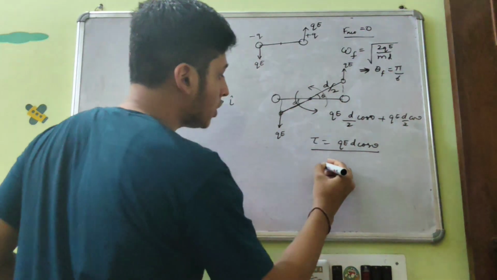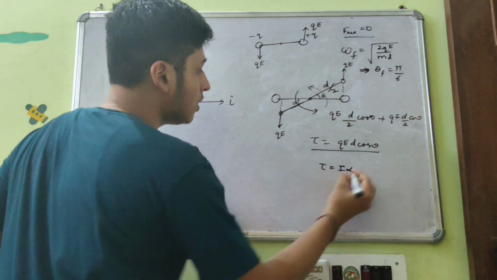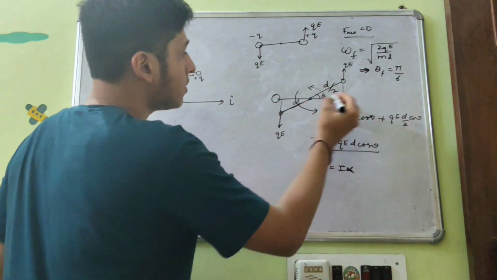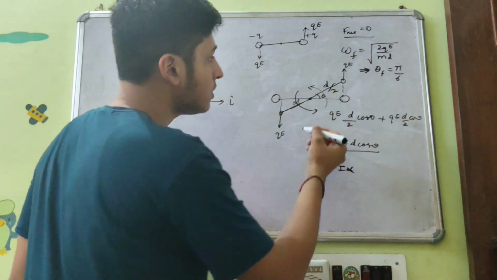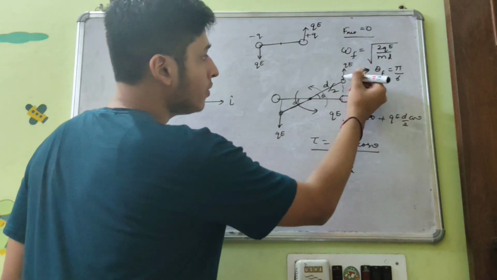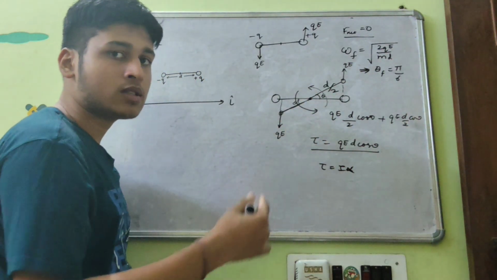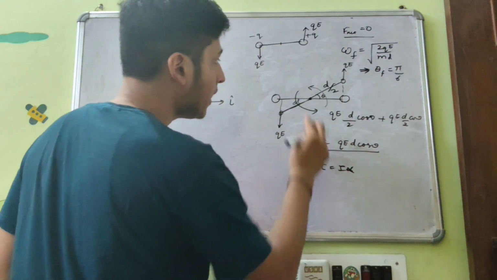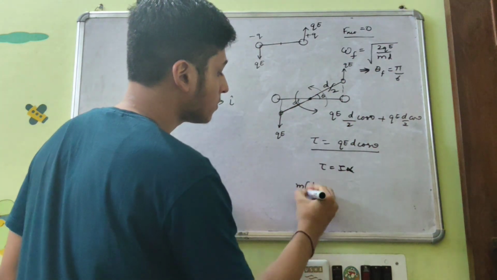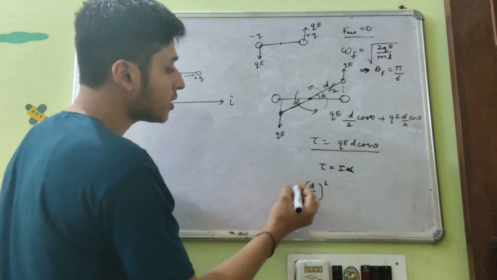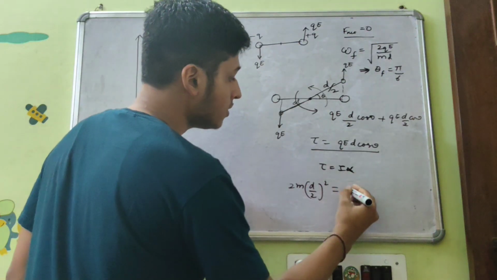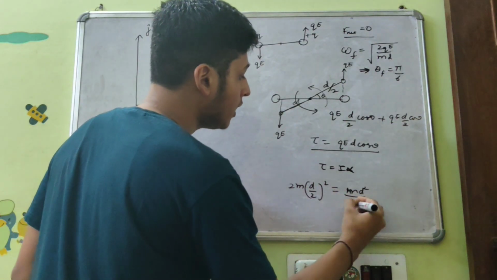Now we know that tau equal to I alpha. The moment of inertia of this about the center of mass would be m into d by 2 squared, and same for this, so twice of this, that is m d square by 2.